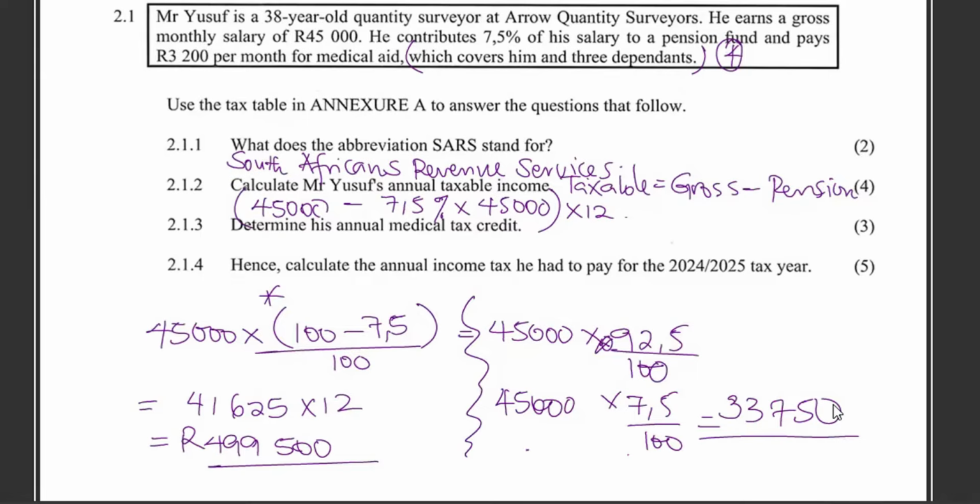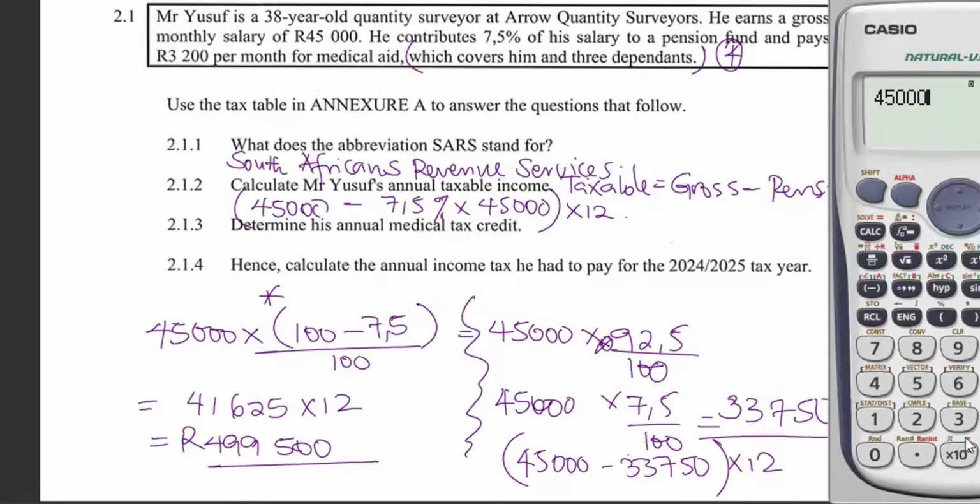Then subtract. Afterwards, you multiply by 12. Let's check and we see 45,000 minus 33,750 equals to that. Then this times 12.